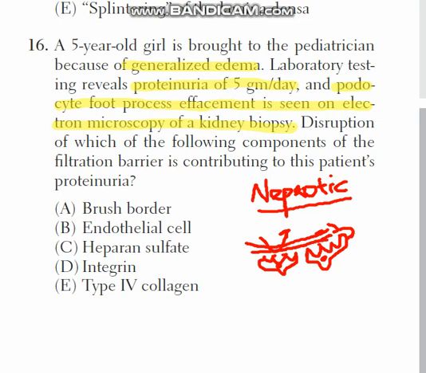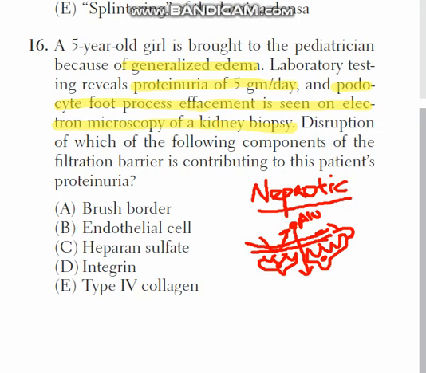When the charge barrier disappears, of course the charges cannot prevent the protein from passing, okay. So the plasma protein, more specifically the albumin, starts to leak out into the urine. So there will be massive proteinuria and it is a selective proteinuria. This condition is called nephrotic syndrome.